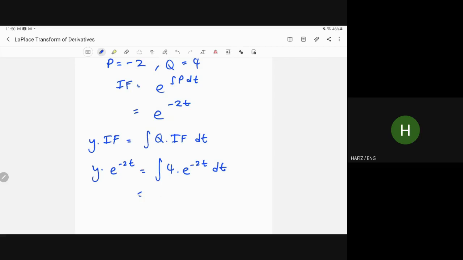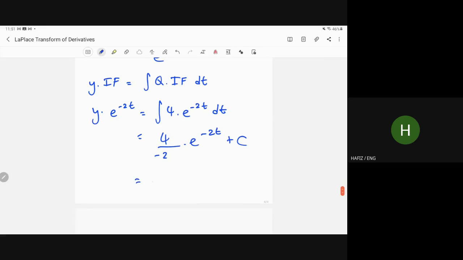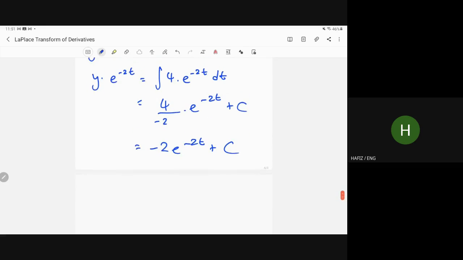This will give you 4 over minus 2 e to the minus 2t plus c. This will equal negative 2 e to the minus 2t plus c. Okay, then you put the y on one side. We'll have negative 2 plus c e to the 2t, sorry.